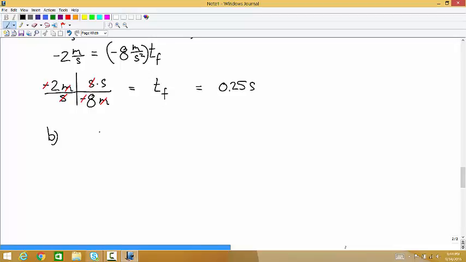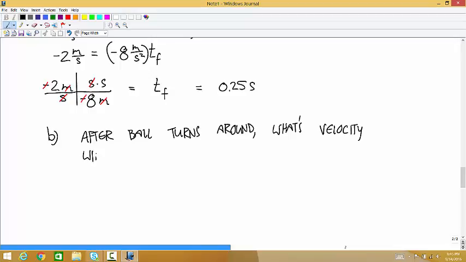So after the ball turns around, what's its velocity when it gets back to point A?